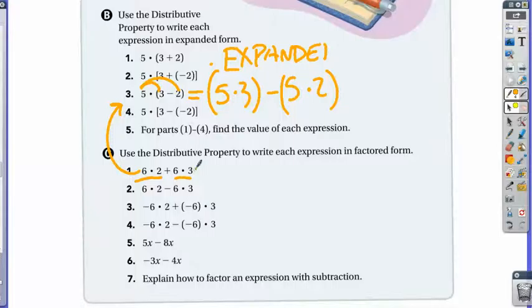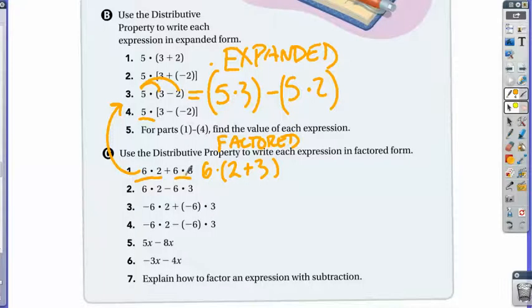Josie? They both have 6 in multiplication. So I know that what goes outside my grouping symbol is going to be a 6 and a multiplication. Now, what's going to be inside my grouping symbol? Johnny? 2 plus 3. So now I have a factored form answer. So we have factored form here, and expanded form is my original.